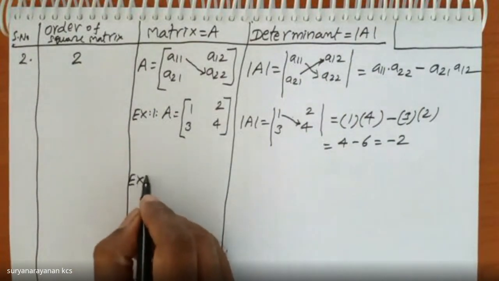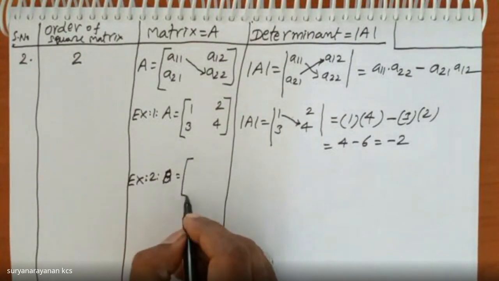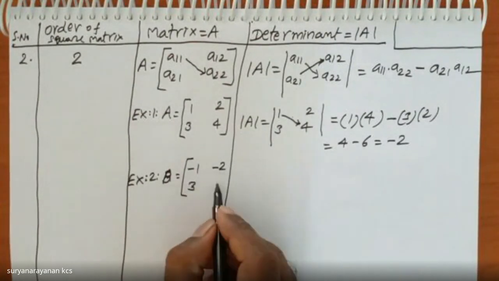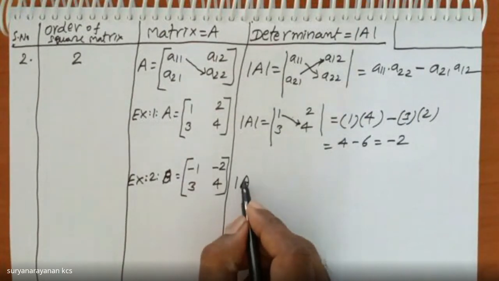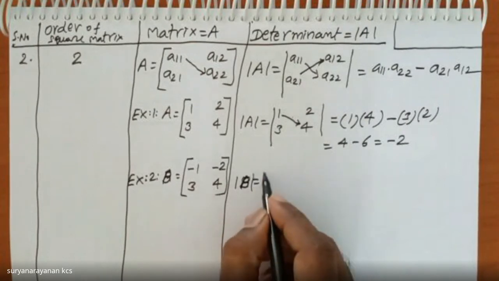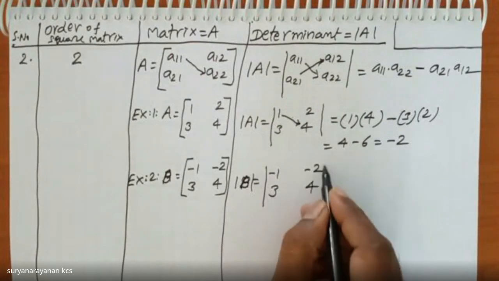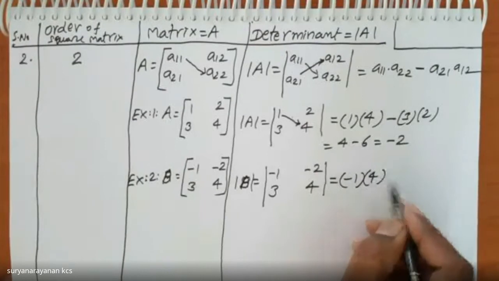Let us take another example. B is equal to the matrix minus 1, minus 2, 3, 4. Then det B is equal to det of minus 1, minus 2, 3, 4. How do you find the determinant of this matrix B? Minus 1 into 4, keep minus.